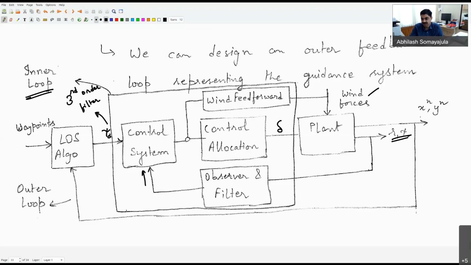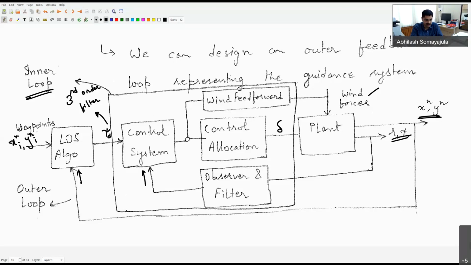But I'm also interested in the positions of the actual vessel with respect to the waypoints which I specified. So I look at that output and feed that back into my LOS algorithm. So this is an outer loop which I'm closing outside of this inner loop. And that outer loop is being closed by the guidance system rather than by the control system. That guidance loop will ensure that X and Y are tracking or passing through the waypoints which I have specified.